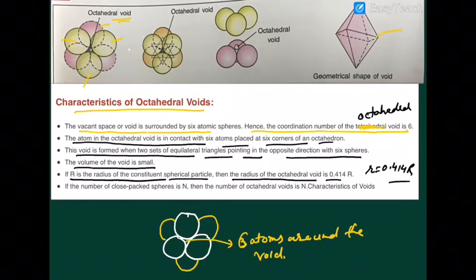If the number of close packed spheres is n, the number of octahedral voids is also n. So you can say very simply that if the CCP arrangement has n atoms, there will be n octahedral voids and 2n tetrahedral voids.